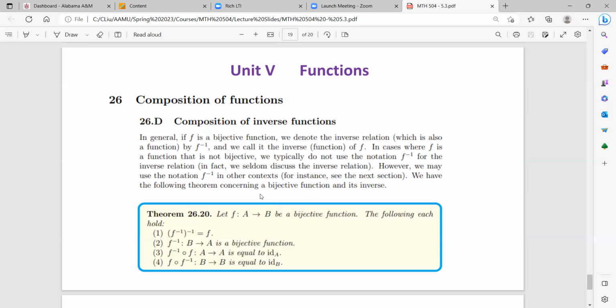So let's just assume f to be a bijection here, and then let's see what happens for the composition and inverse functions. So f is a function from A to B and is a bijection. Then you can easily show these four properties. The inverse of f inverse is just f itself.